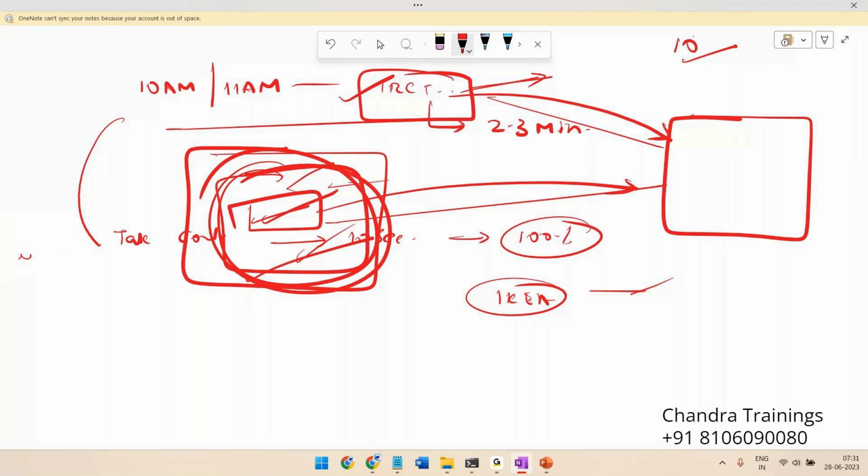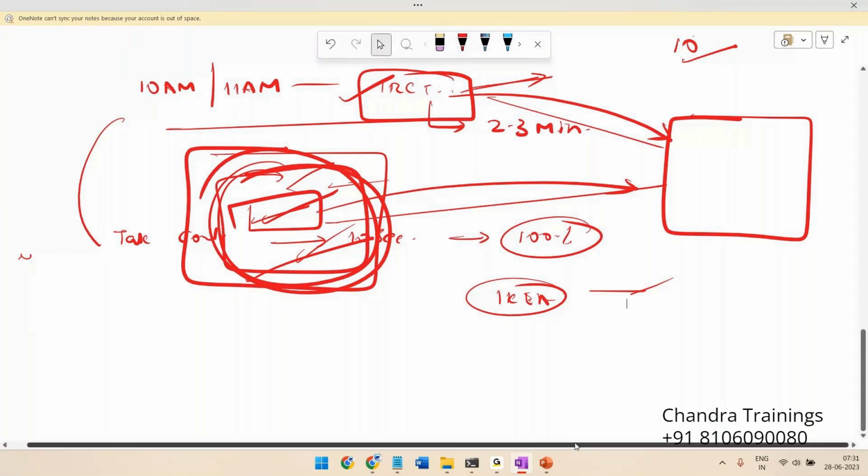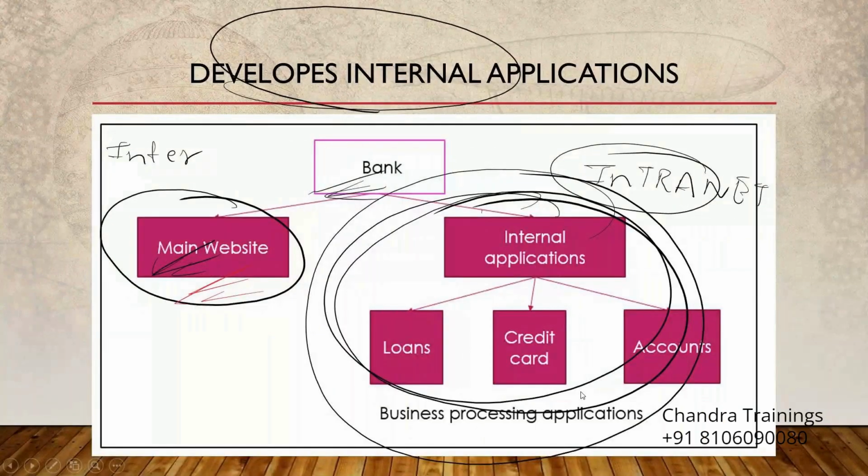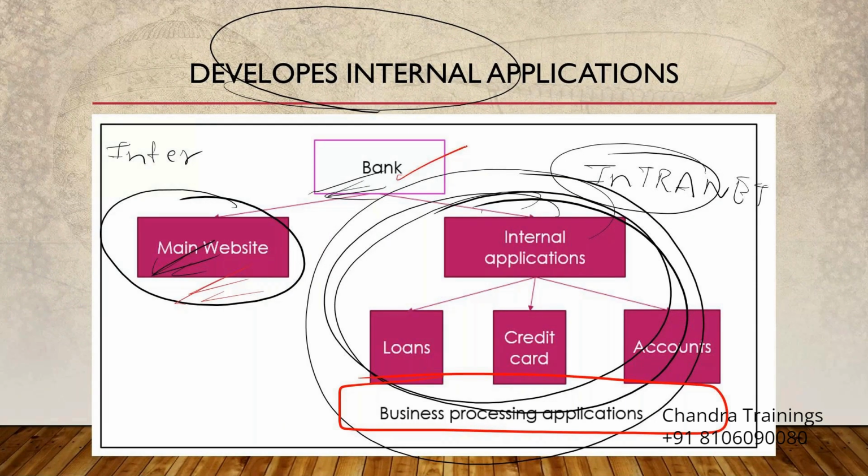So all these internal applications we talk about are called business processing applications. What are those? Business processing applications. Take this bank example. The bank will have one main website, www.citibank.com, and the same bank will have one application related to loans, one related to salary management, one related to attendance management, one for savings accounts, and a cashier portal.